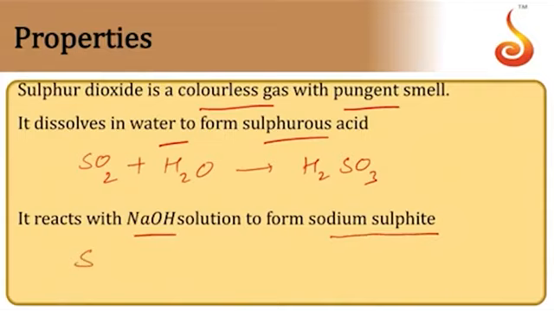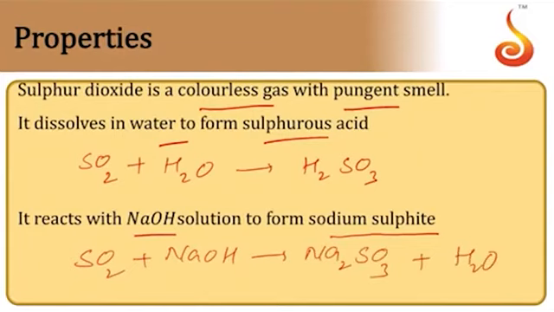When sulfur dioxide dissolves in sodium hydroxide, Na2SO3, sodium sulfite, is formed. You can take it as an acid and base type of reaction: SO2 is an acidic oxide, NaOH is basic in nature, and it forms the sodium sulfite salt.